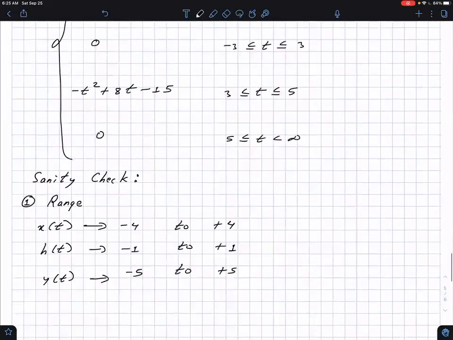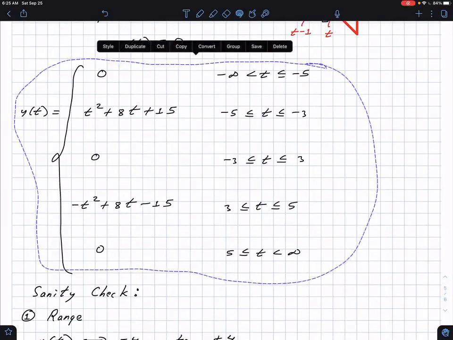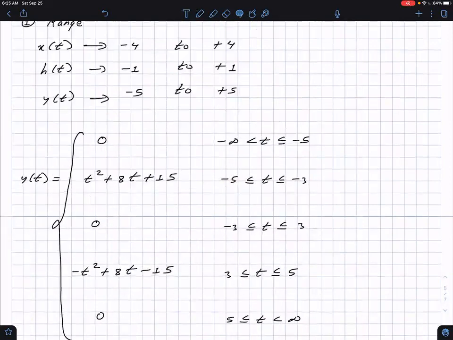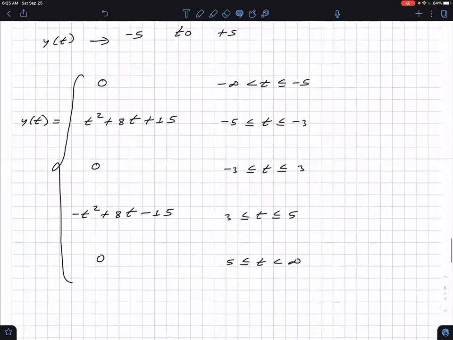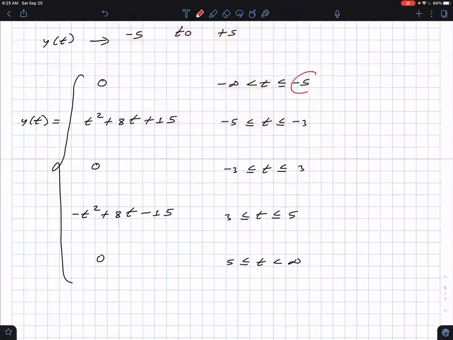The next thing that we're going to test is the boundary values. So what we see here is that t equals -5 is included in both the first interval and the second interval.